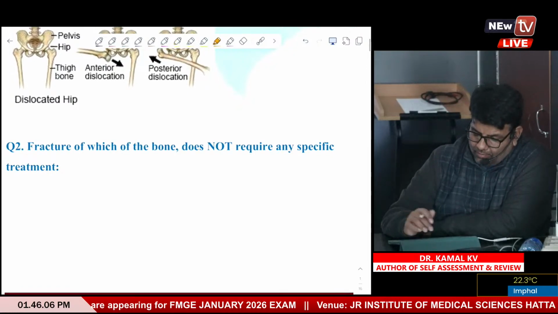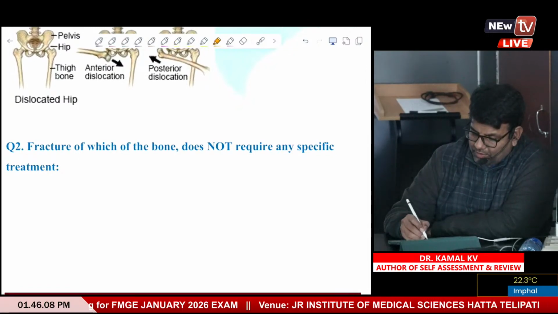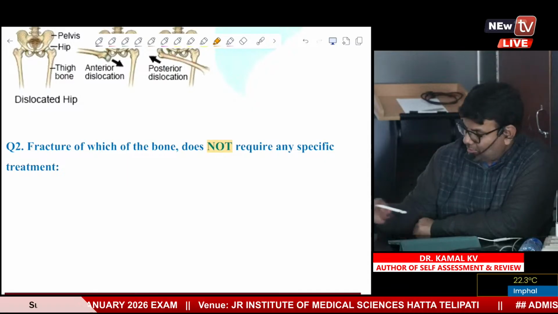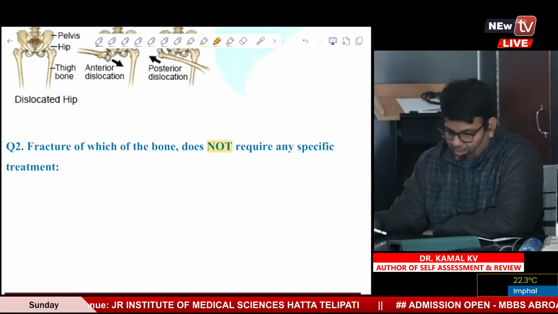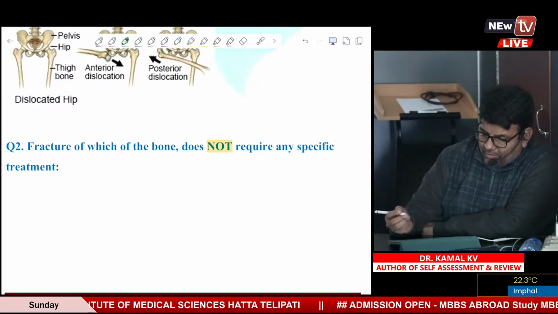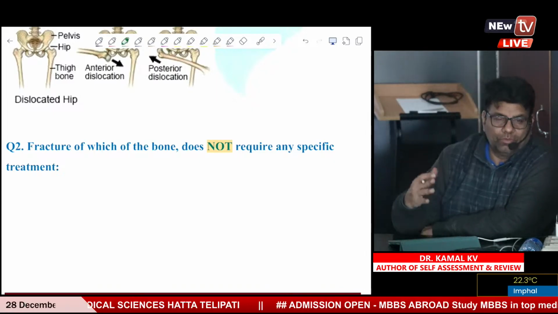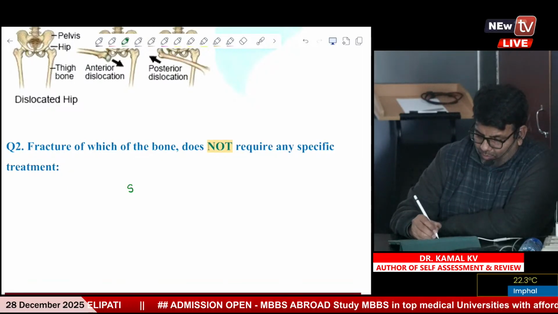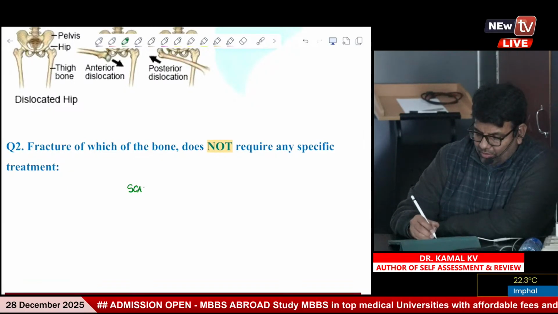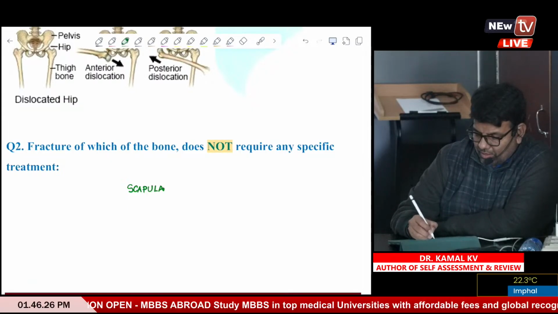Now, fracture of which bone does not require any specific treatment? Any idea? See, for most of the fractures we do have some treatment plan. But for scapula, we don't worry too much. Clear?